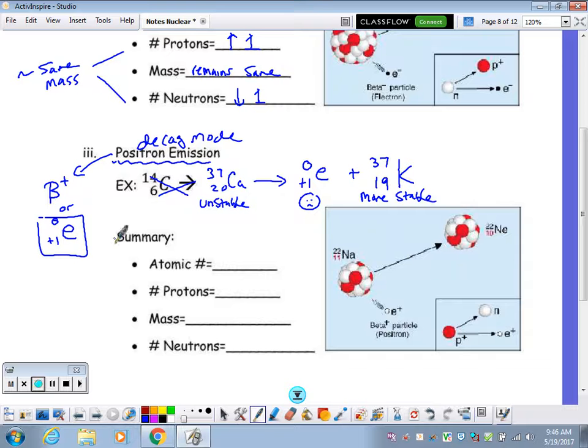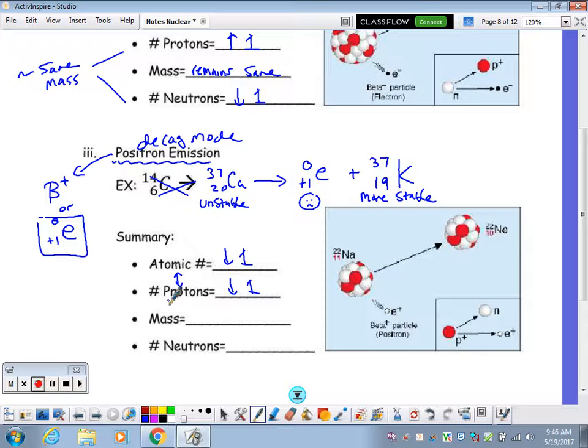So, the summary: when a positron decay or emission occurs, how does the new structure compare back to the original structure? You notice that the atomic number decreased by 1, 20 to 19. Therefore, the number of protons decreases by 1, since atomic number and number of protons represent the exact same thing.